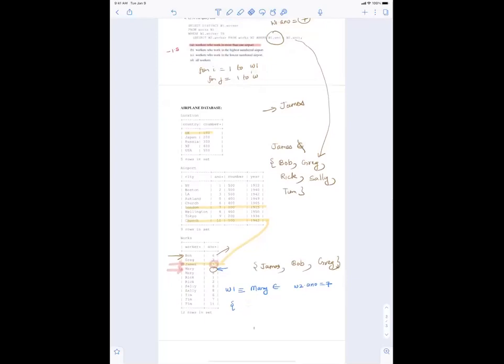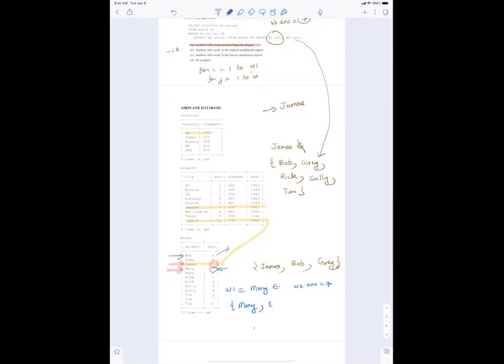Now, is W1.a number greater than W2.a number? W1.a number is 6, so 6 is not greater. Then you look at 3, is 3 greater? No. Is James 7 greater? No. Is Mary 7 greater? No. But is Mary 8 greater? Yes. Then Rick is not greater.